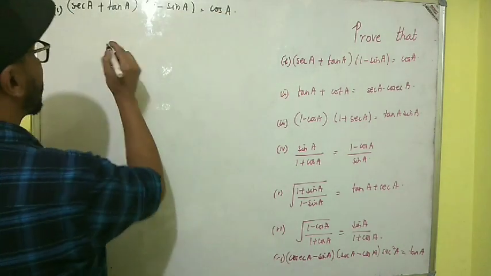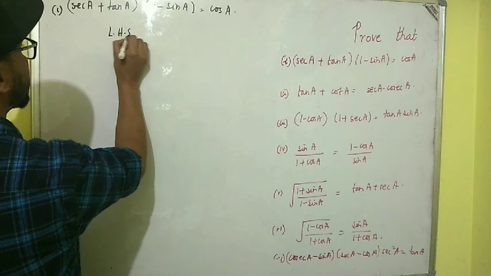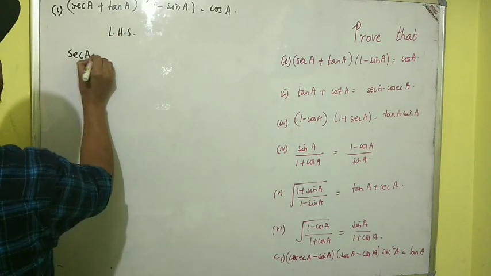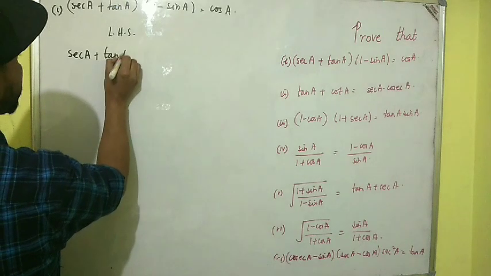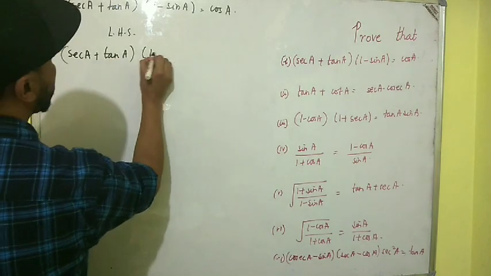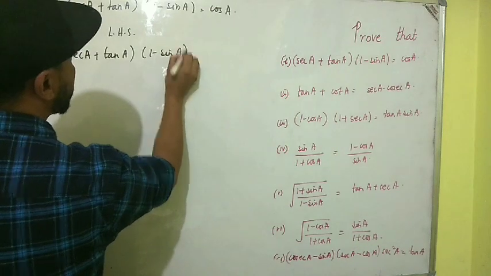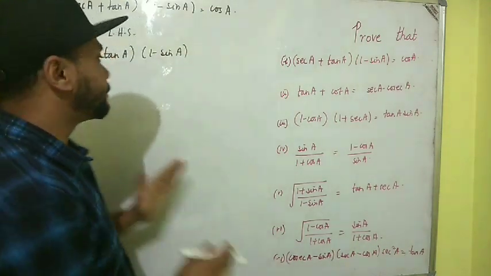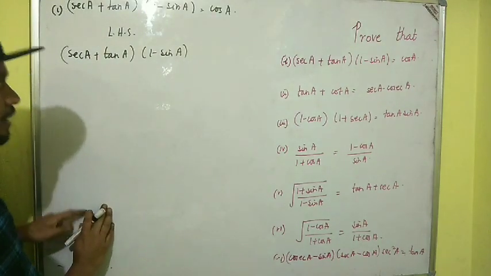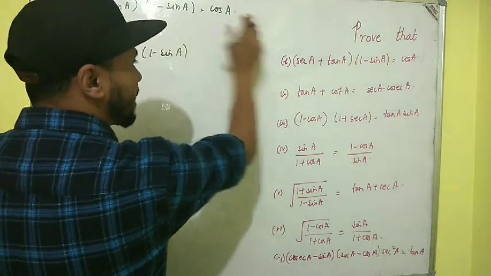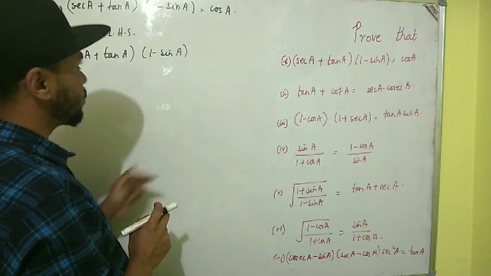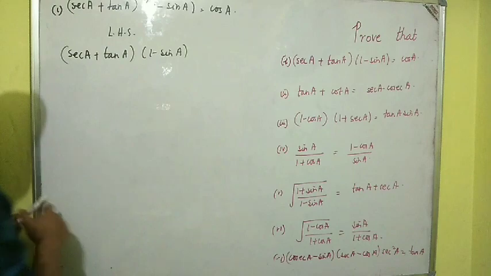We'll take the left hand side first. This is (sec a plus tan a) into (1 minus sin a). We'll try to reduce this, and whatever value we get at the end has to be equal to the right hand side. That is what we are doing when we prove that.